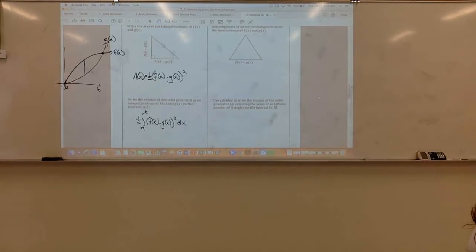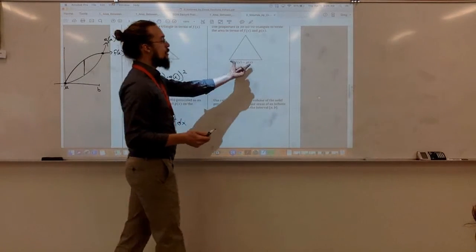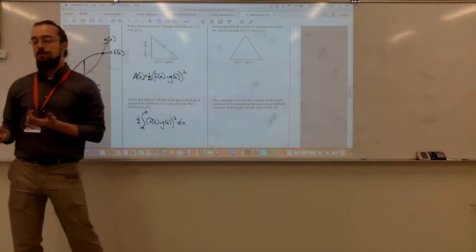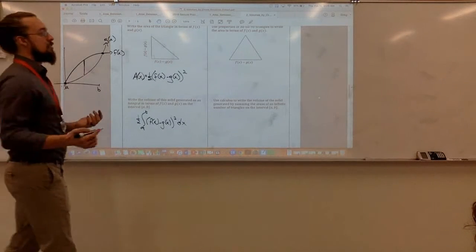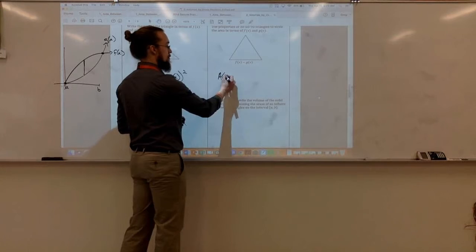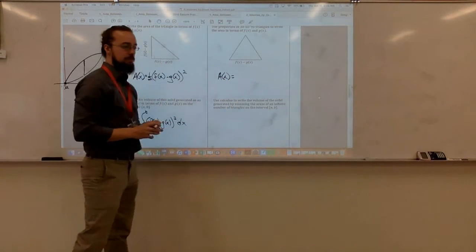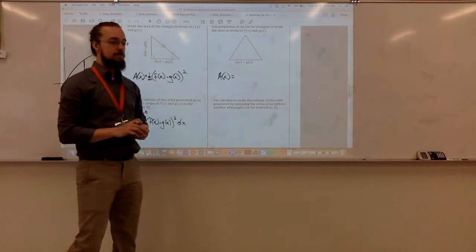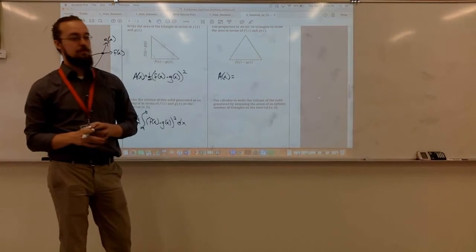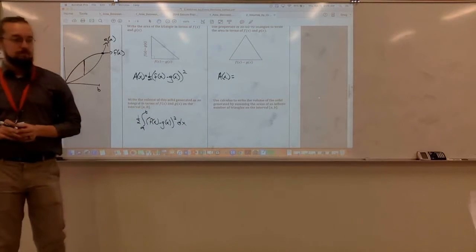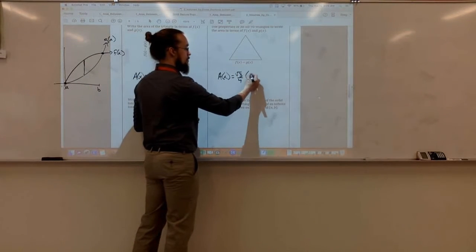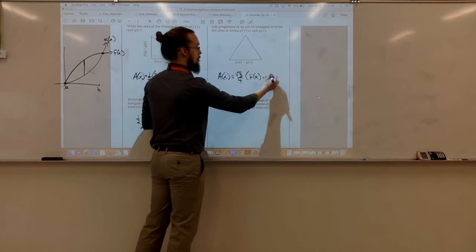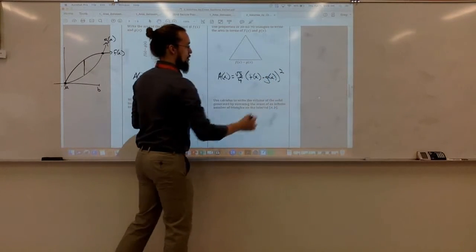So finally, we have an equilateral triangle. And we know that the base of this equilateral triangle is f of x minus g of x. How could I express the area of this? Yeah, so we'll just have square root of 3 over 4 times f of x minus g of x squared.